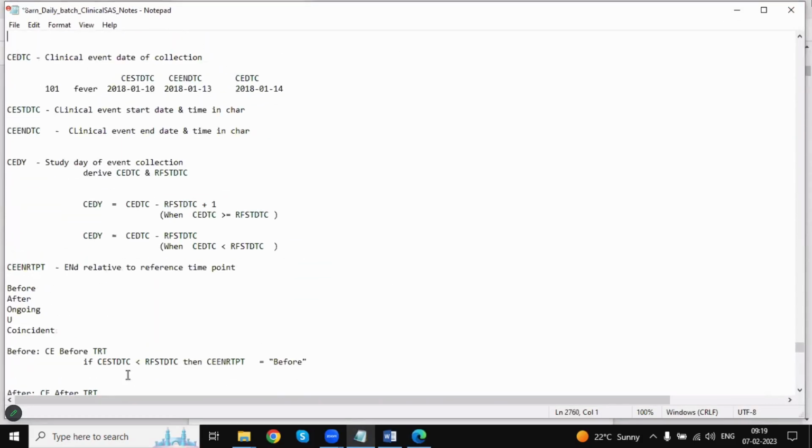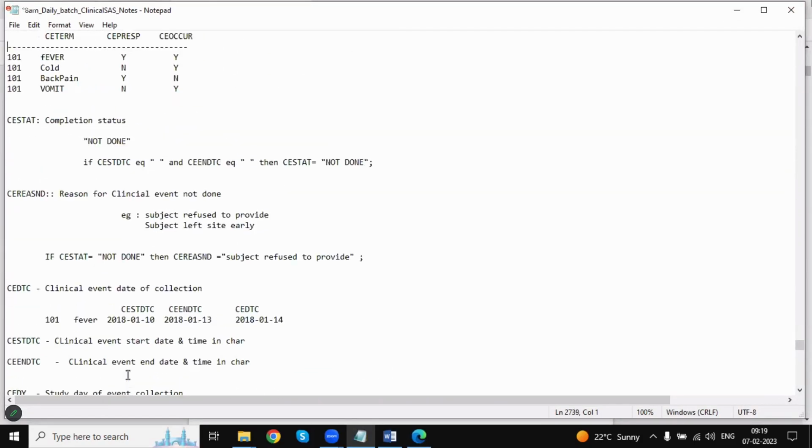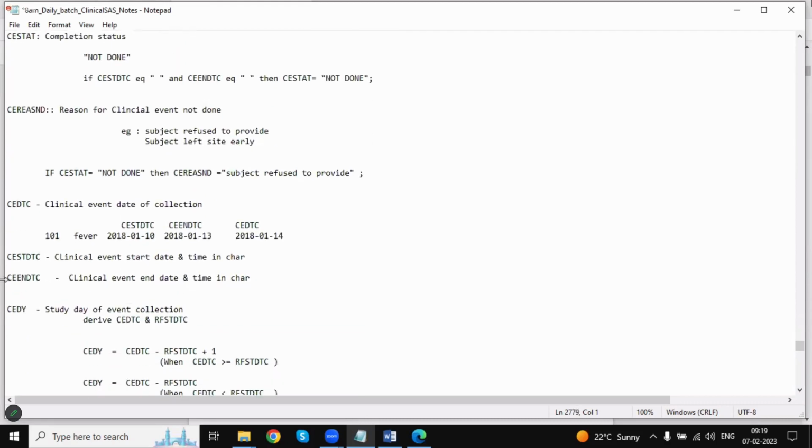Again, the same variables we discussed just before: CEDTC, the clinical event date of collection, which is when these details were collected, and the start date and end date. Clinical event start date, clinical event end date. For example, subject 101 has a fever. He got a fever from the 10th to the 13th. The 10th will be the start date, the end date will be the 13th. Then we collect all these details from the subject.